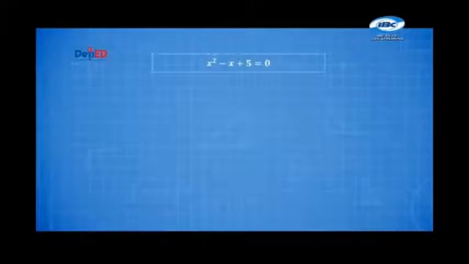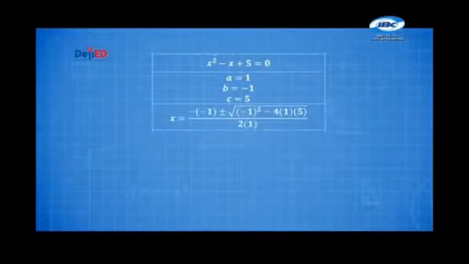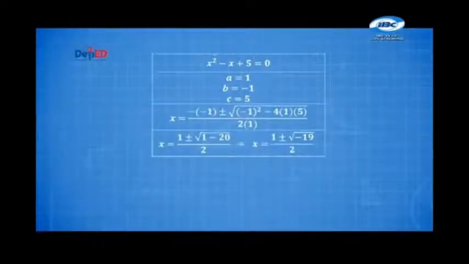Next, we solve the other equation in the last pair. X squared minus x plus 5 equals 0. Never forget CS4 when using the quadratic formula. C for coefficients. First S is substitute. Second S is simplify. There exists no number that when multiplied by itself yields a negative result. So, square root of negative 19 stays as it is.